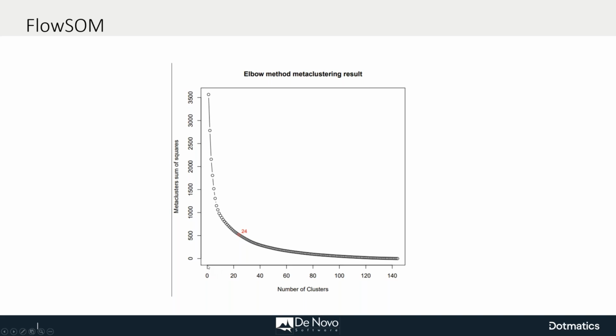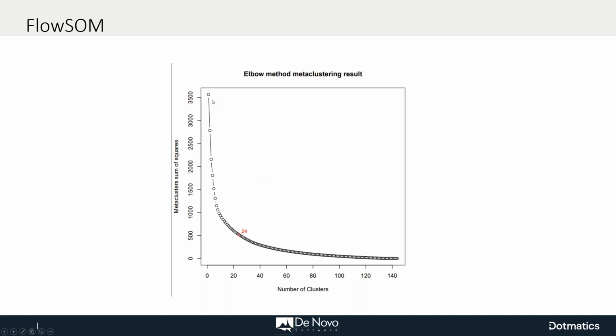And so if every single one of your events was in a single cluster, that cluster would be very heterogeneous, a very large variety of events in that cluster. And that's not good, obviously. But if you had 140 clusters, it's basically the same result as any of its neighbors, 139 or 141. You're not helping split apart your populations anymore.